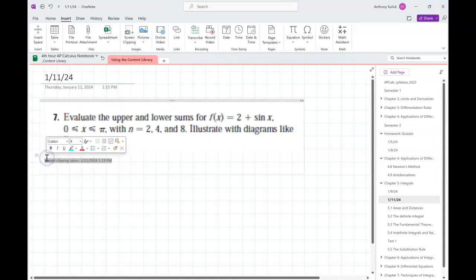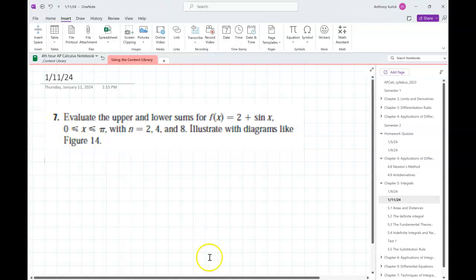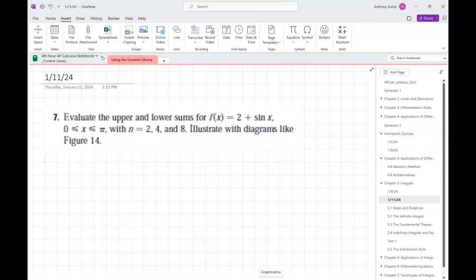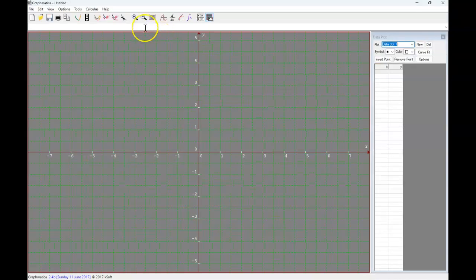We're going to start with number 7 here. I'm going to draw the graph of this function so I can do a picture to help us understand what's going on and what the vocabulary is saying. So this was y equals, where was it? 2 plus sine x.